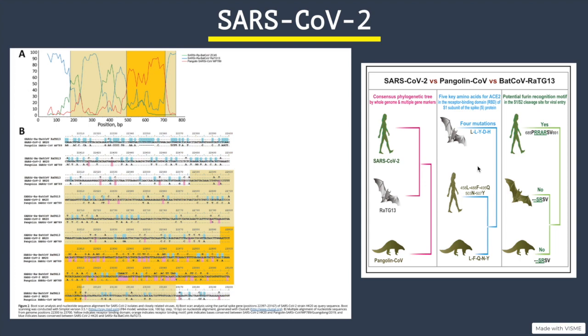Whereas if you create a phylogenetic tree with the 5 key amino acids for binding to ACE2, and these 5 key amino acids are in the receptor binding domain of the spike protein, you will see the human coronavirus is actually more similar to the pangolin coronavirus. In fact, these 5 key amino acids are identical, whereas the bat coronavirus has 4 different amino acids when compared to the human SARS coronavirus 2.